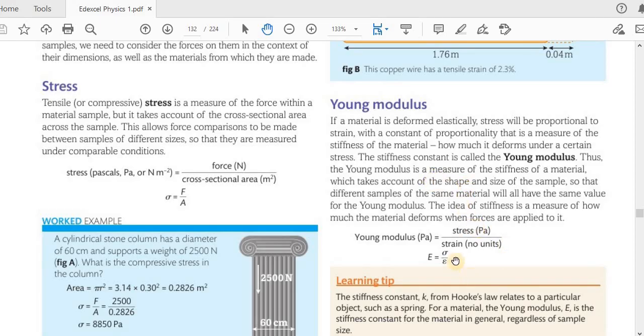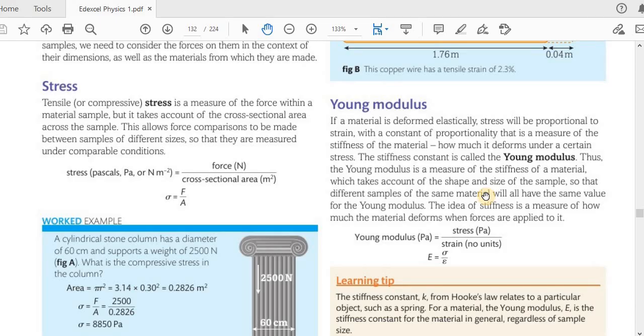So the gradient of that graph is the Young modulus. If a material is deformed elastically, it will be proportional to the strain with a constant of proportionality. That is a measure of the stiffness of the material. So that is what we call the Young modulus here.